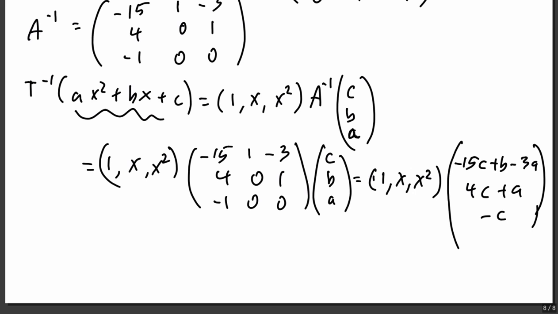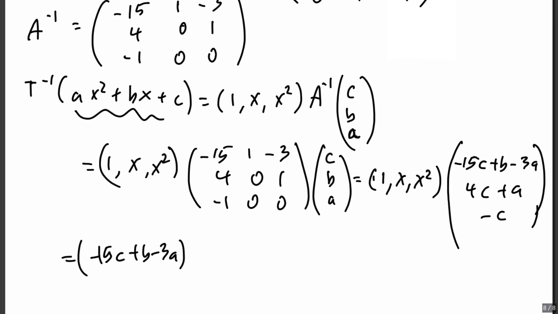And then multiplying the row vector with the column vector, we get minus 15c plus b minus 3a, plus 4c plus a times x and minus cx squared.